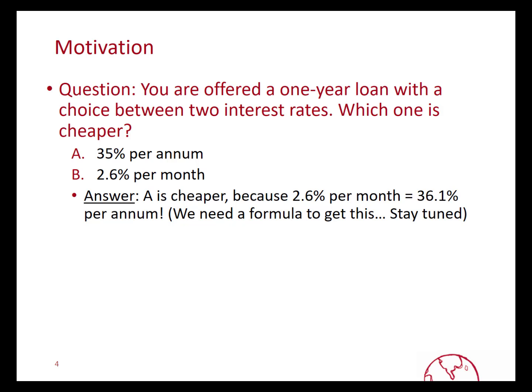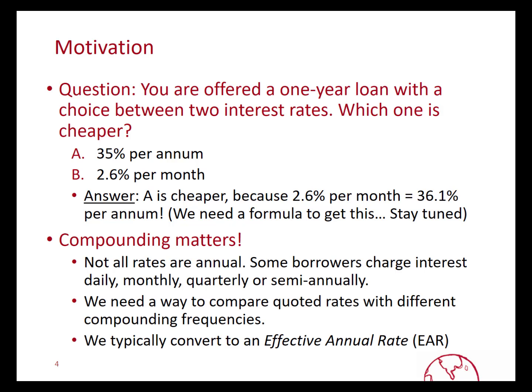Now, we're going to need a formula to make this calculation, and we'll show you that in a moment. The point is that if you have compounding, you have to take that into account. You cannot compare apples and oranges. You have to compare rates that are compounded at the same frequency. Not all rates are actually quoted as annual rates.